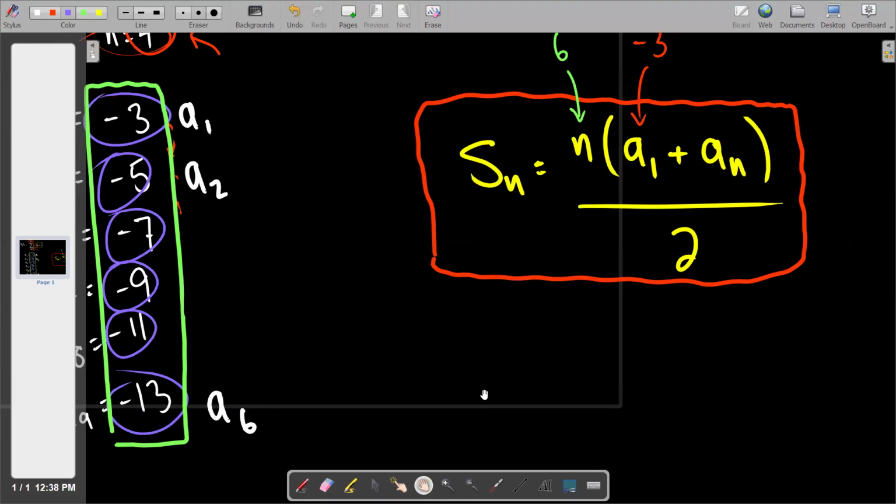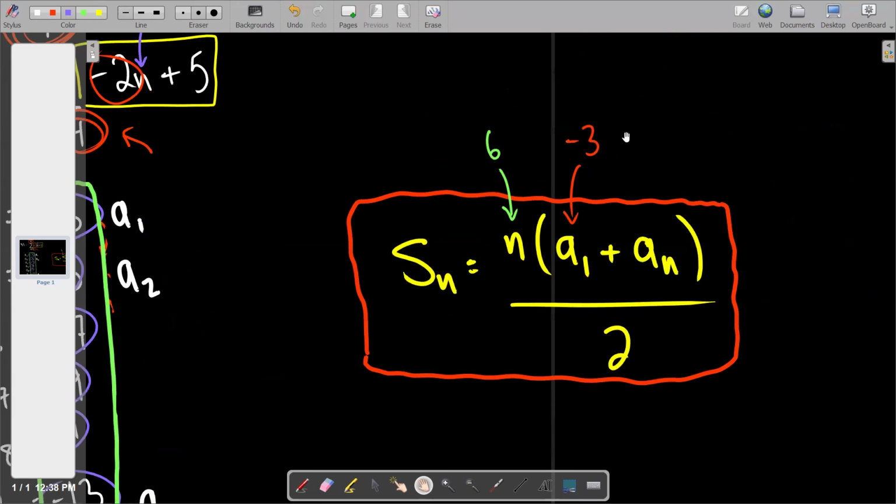Who's last? -13 is correct. So a sub n, for your notes, we'll call that the last term. And in this case, it's obviously -13. So that concludes the cast of characters.